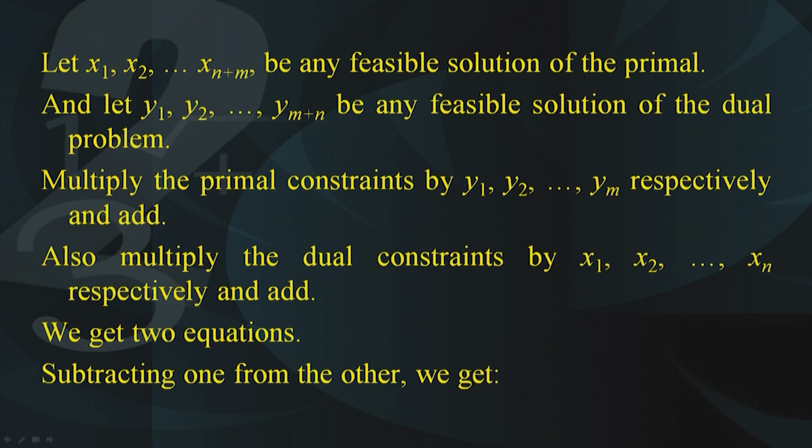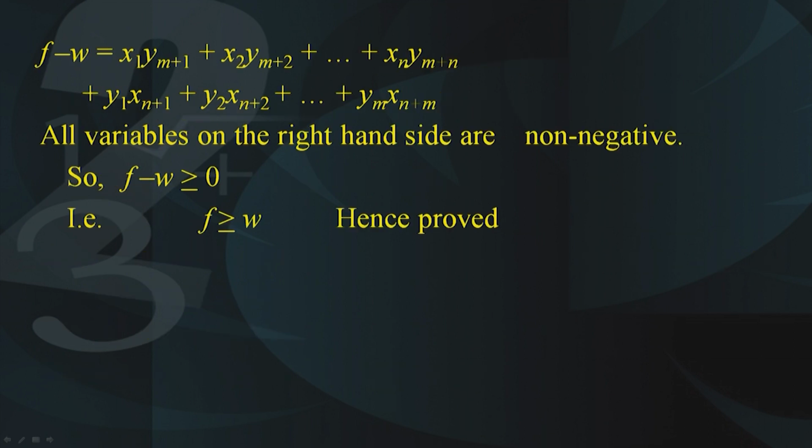Now, we get two equations corresponding to the first and the second, and we subtract one from the other. So, these two equations have now to be subtracted, and on subtracting we get the following.